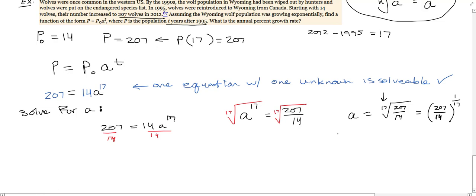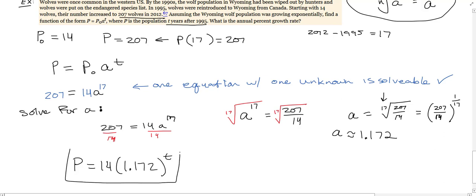So a is approximately 1.172. Now our formula for P, the population of the wolves, T years after 1995 would be 14 times 1.172 to the T power.